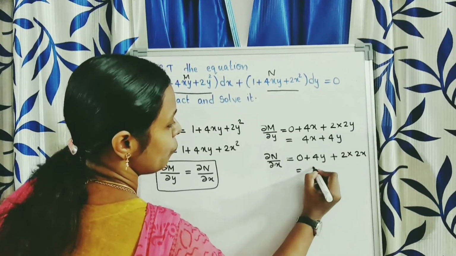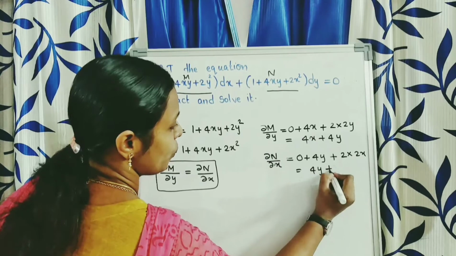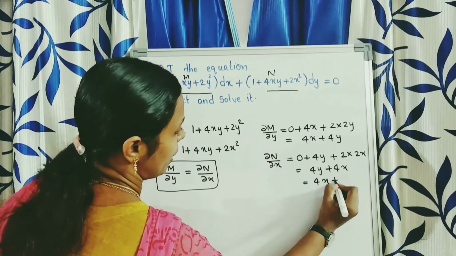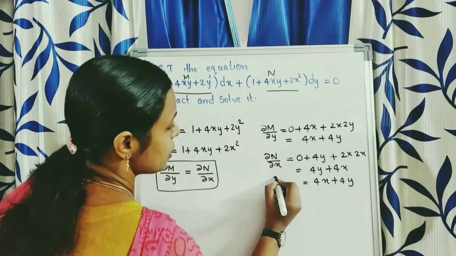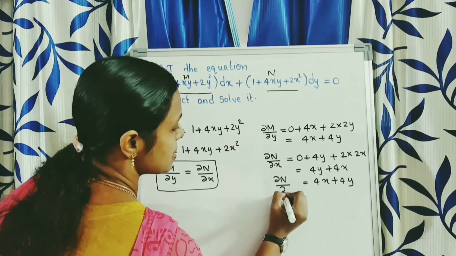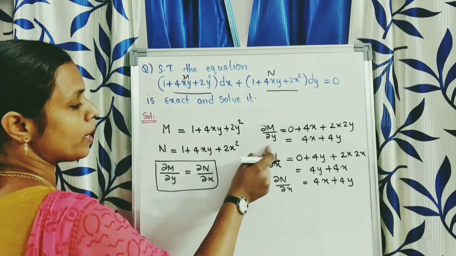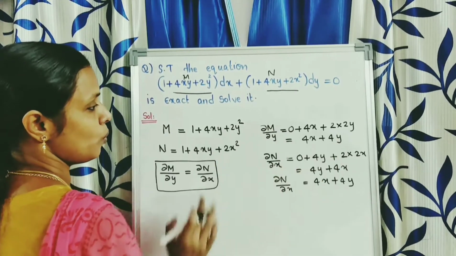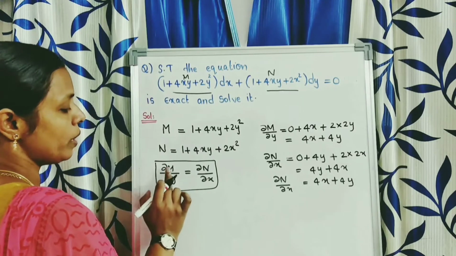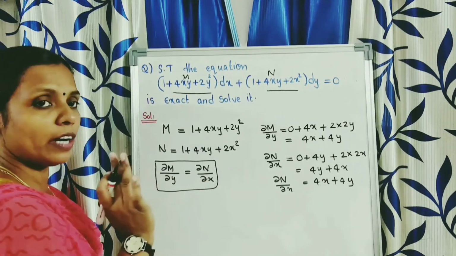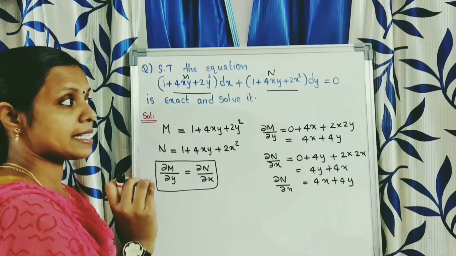Then we get 4y plus 4x, that is 4x plus 4y. Now ∂N/∂x is equal to 4x plus 4y and ∂M/∂y is equal to 4x plus 4y. That means ∂M/∂y equal to ∂N/∂x. Therefore, the given differential equation is exact.